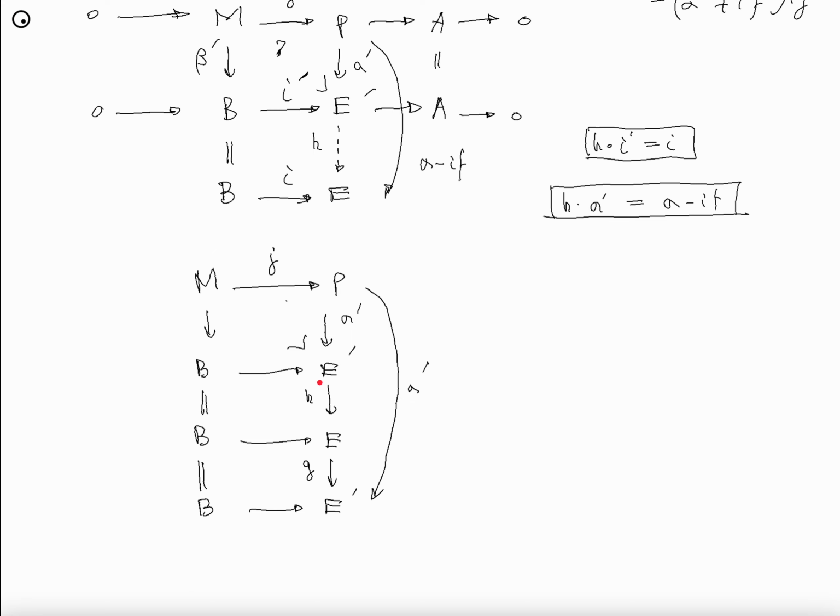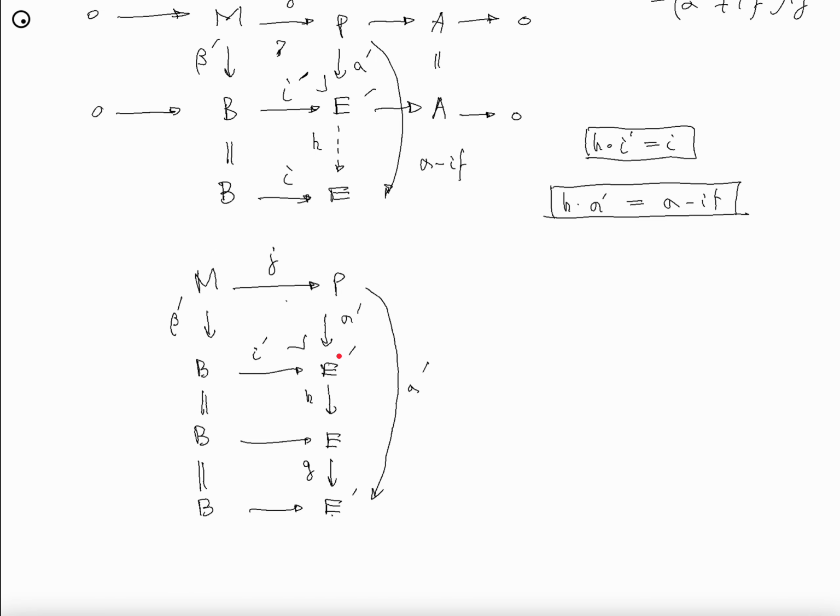Because this is the universal object, and you have constructed two maps. The first is just through beta prime, I prime, and J sigma prime. Let me say that again. This is a universal object. Then for any object satisfying the commutative diagram, there should exist a unique map from this to this.